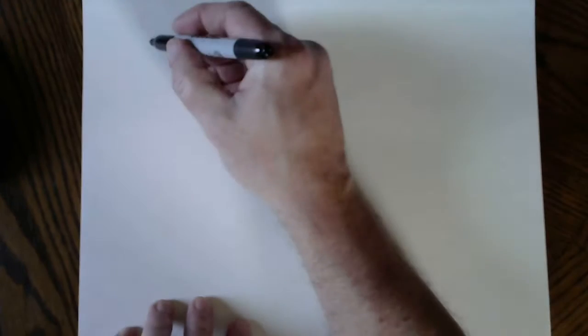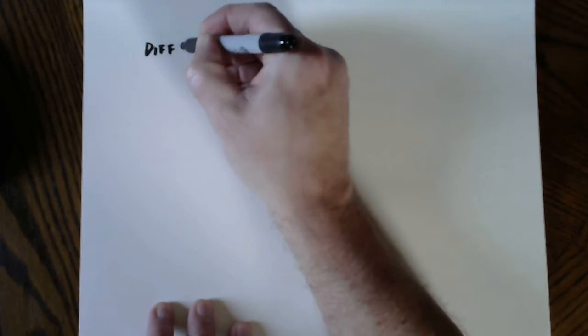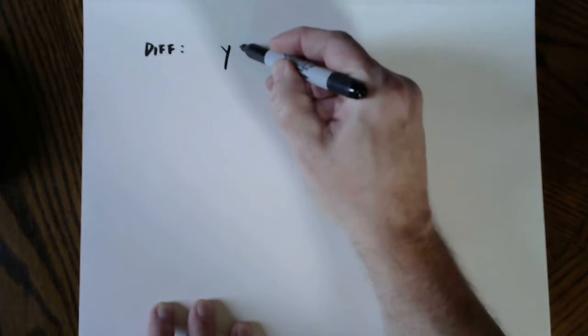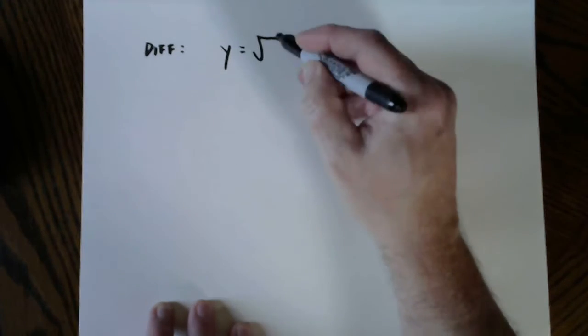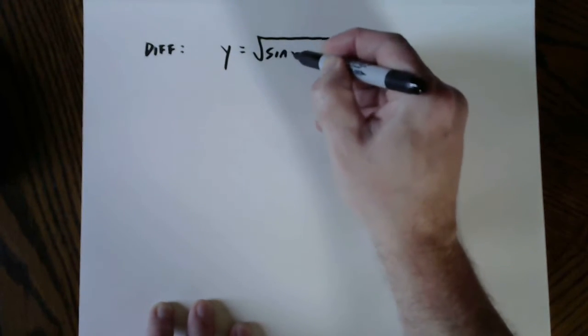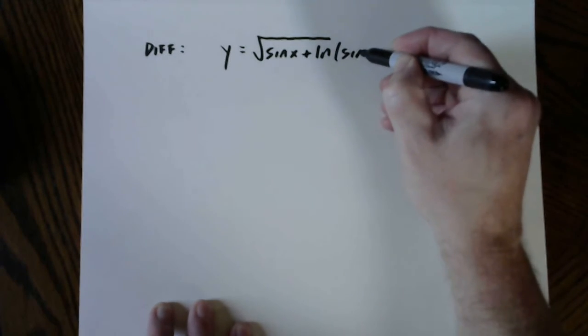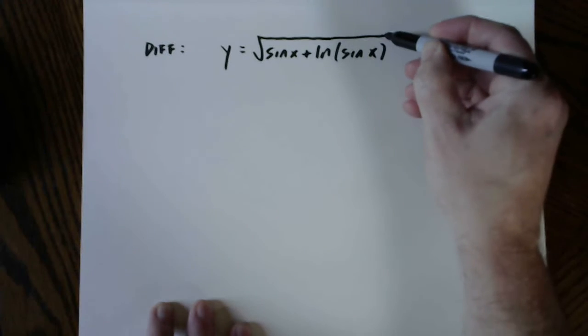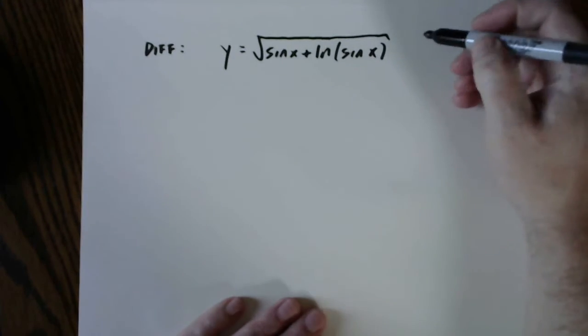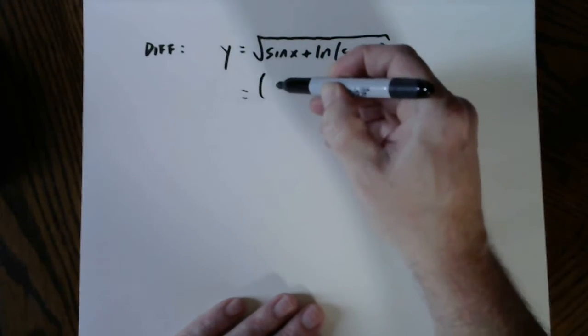How about, let's pick one that looks like fun here. Differentiate. Square root. All right, so again, let's do this.